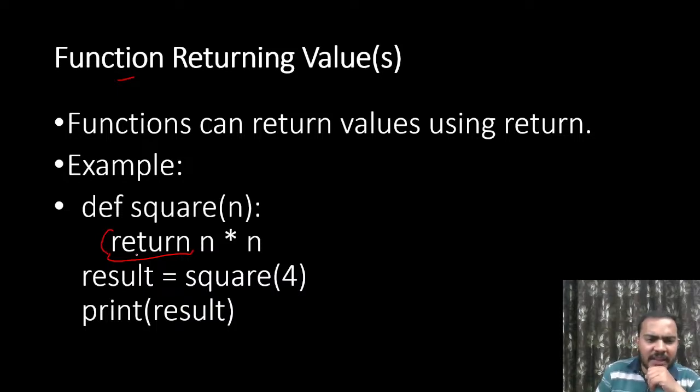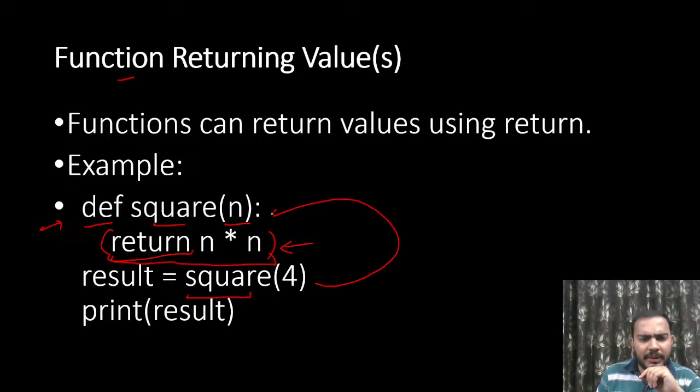This return statement will basically help your function give the value back to the place from where it was called. For example, if I have this function like this, def square n, and I have written return n into n, what will happen this time? When you call this function square, it will go up here, perform all the logical operations, and come to the return statement.